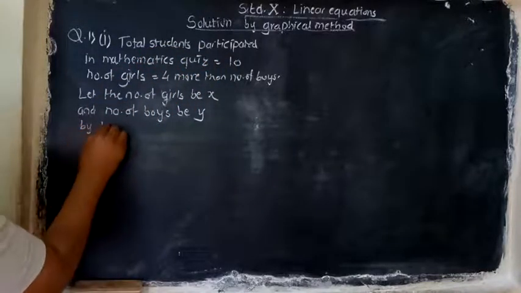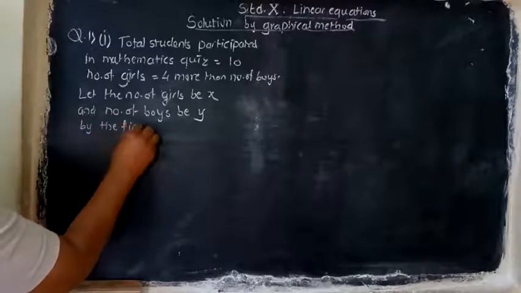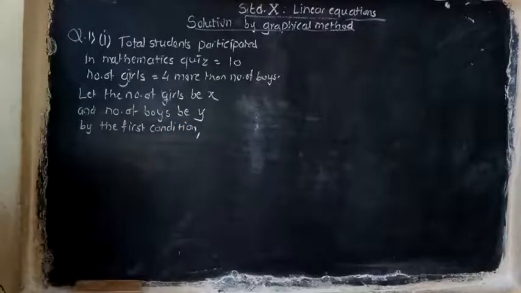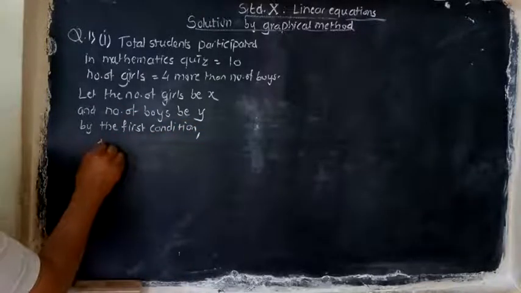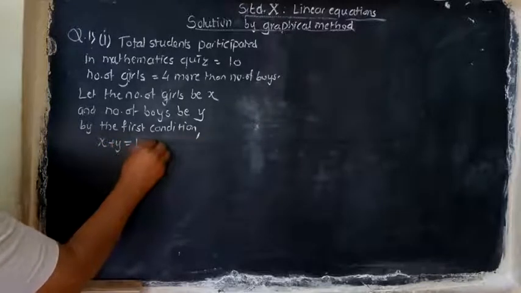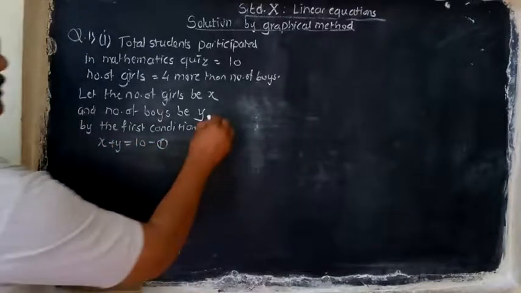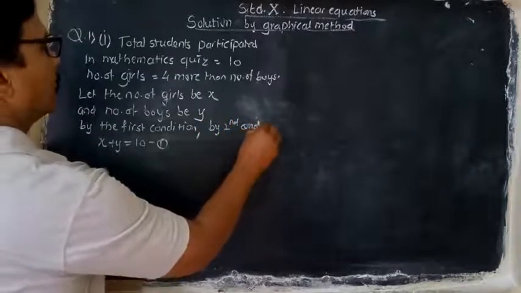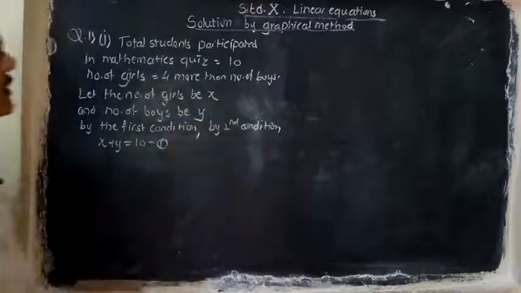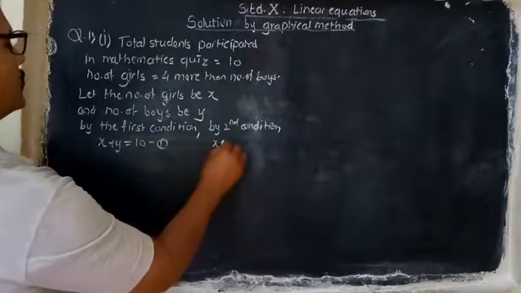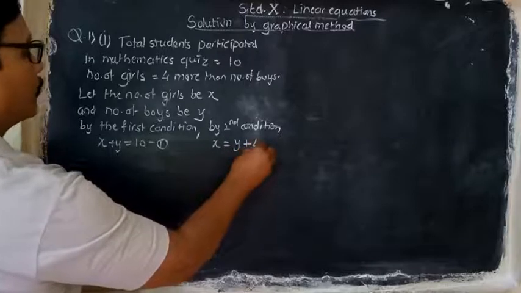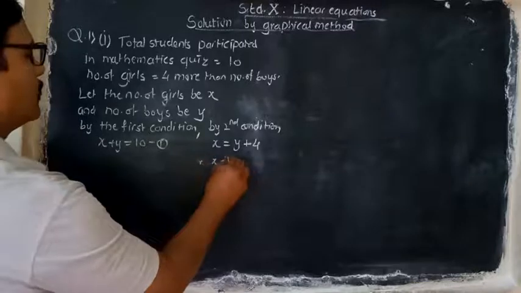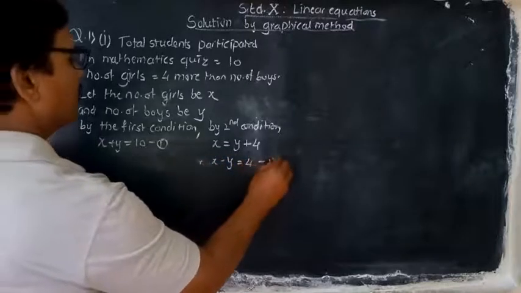Therefore, by the first condition, X plus Y is equal to 10, which is the first equation. And by the second condition, the number of girls is 4 more than boys, that is X is equal to Y plus 4, or X minus Y is equal to 4, which is the second equation.